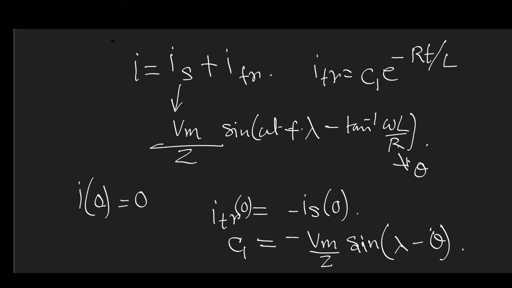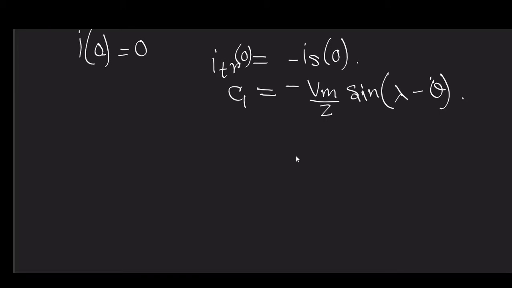So in a single line, what is your expression? Your expression i is equal to I_SS plus I_TR. Sometimes I write I_S, but you can write I_SS to make it more clear.